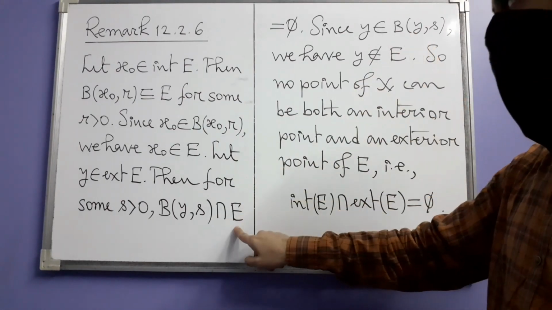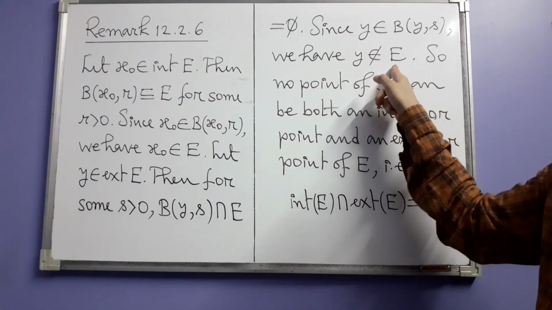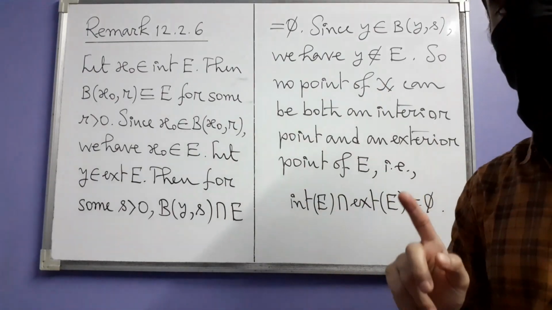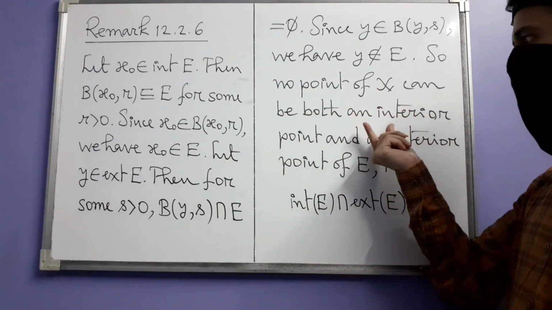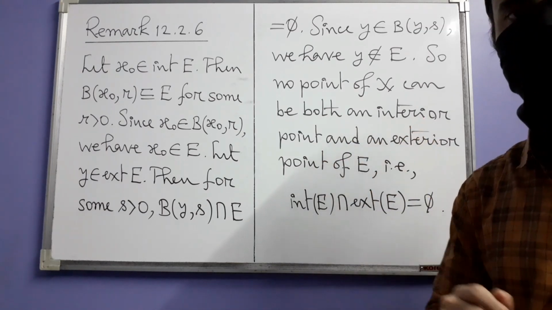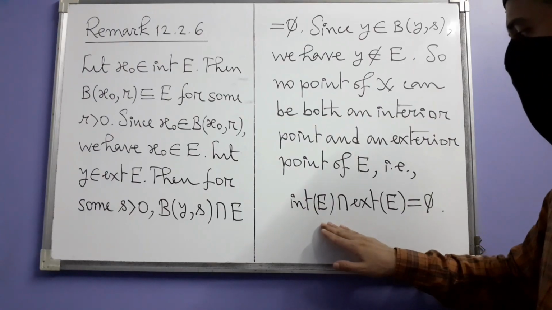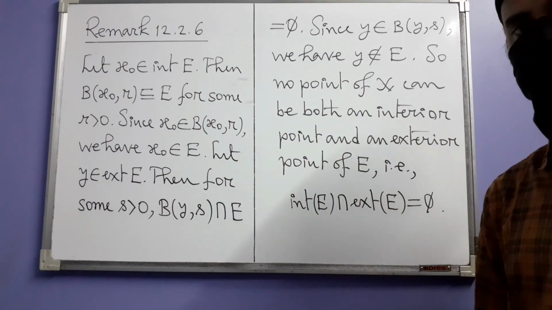And this is disjoint with E. So obviously this y cannot be inside E. And these two things immediately tell us that a point in X cannot be simultaneously an interior point and an exterior point of a single set E. That is, the interior of E and its exterior are disjoint.